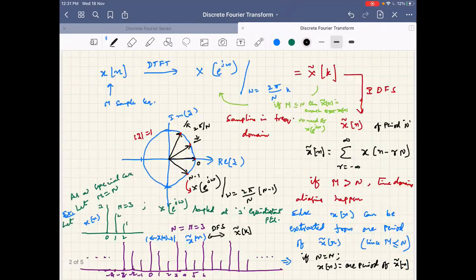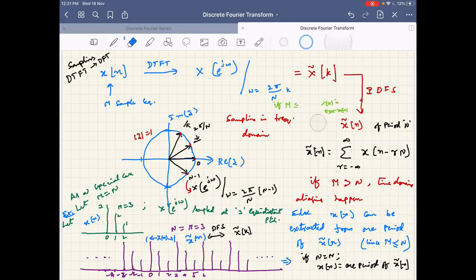So what we were discussing here is sampling in frequency domain, sampling DTFT to DFT, to write DFT. This is what we have discussed here. If you feel this is clumsy, you can leave. This anyway is mentioned in the subsequent slides.